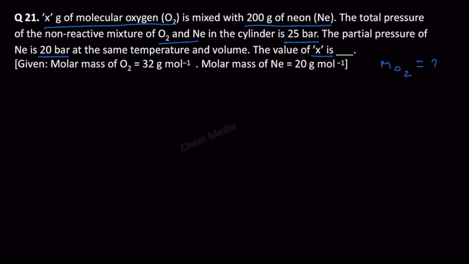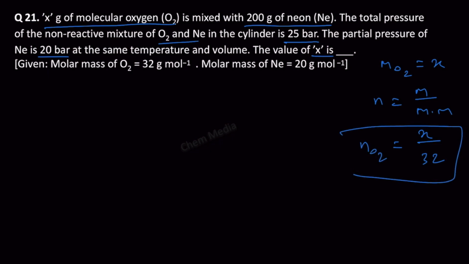Let's keep that one as X. We know that number of moles is equal to mass divided by molar mass. So therefore, X divided by 32 is the number of moles of O2, because molar mass of O2 is 32 gram per mole.